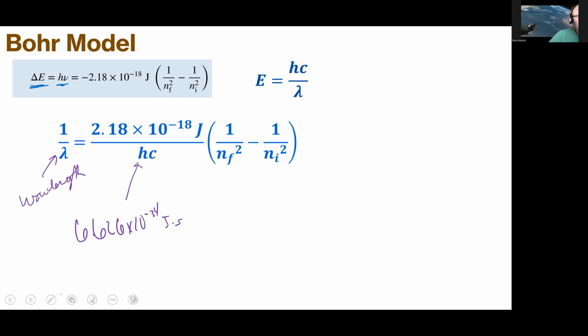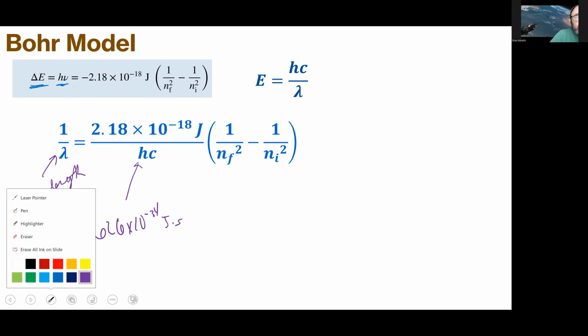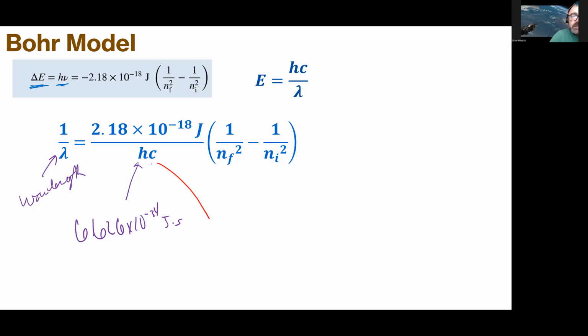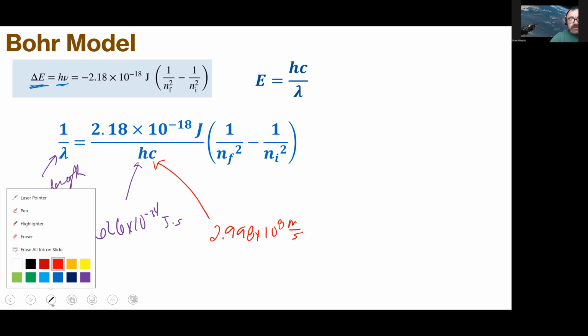You'll be given that value as you do it. c is the speed of light, which we're going to call 2.998 times 10 to the 8th meters per second. The n values here are energy levels.